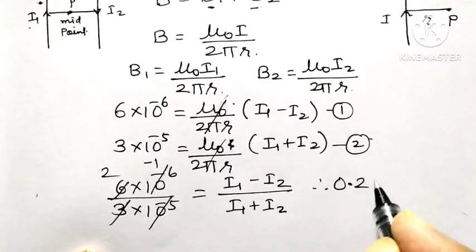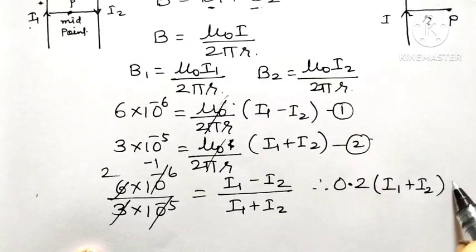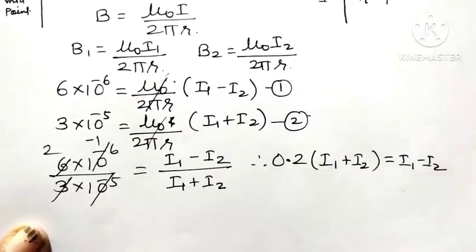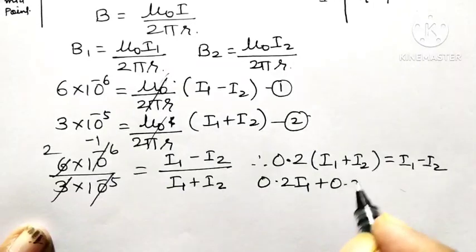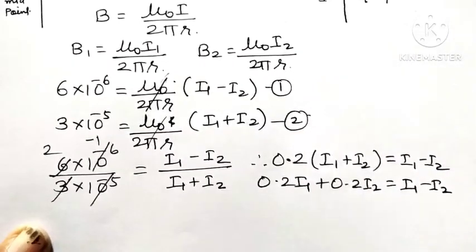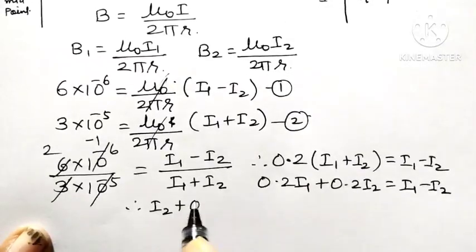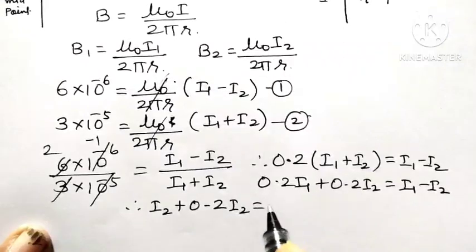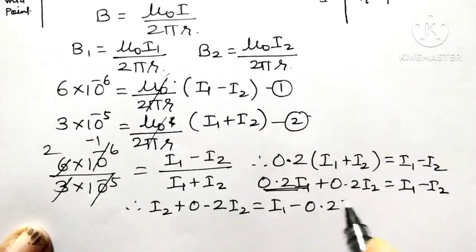So 0.2 into I1 plus I2 is equal to I1 minus I2, after cross multiplying. Therefore 0.2 I1 plus 0.2 I2 is equal to I1 minus I2. Now take the minus I2 to this side, so it becomes plus I2. So we get I2 plus 0.2 I2 is equal to I1 minus 0.2 I1.